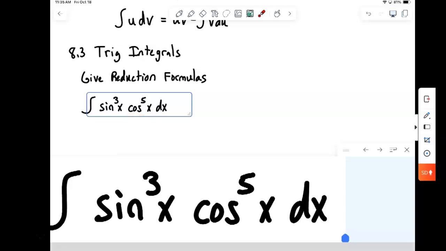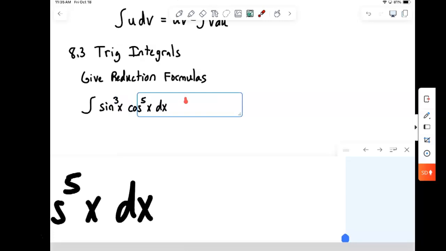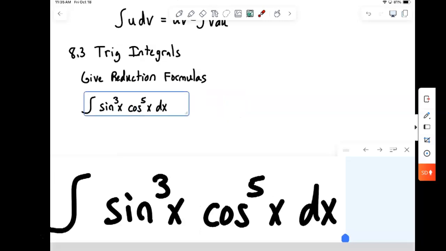So what I would do here is strip away from the sine, with the idea that I'm going to be doing the substitution u equals cosine. So if I do that, then du is going to eventually call for a negative sine to go with my dx.